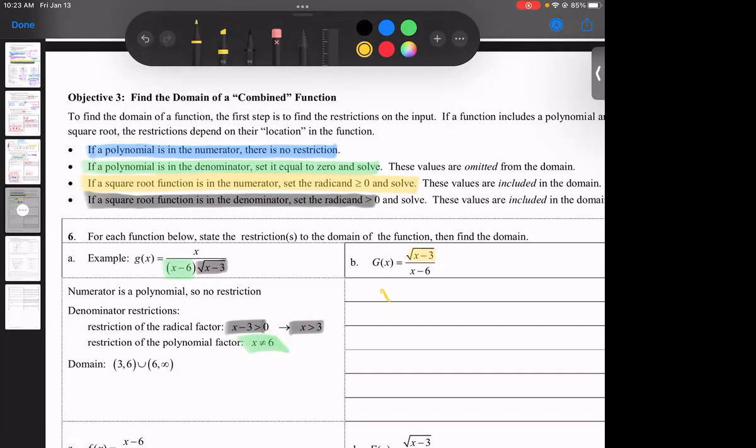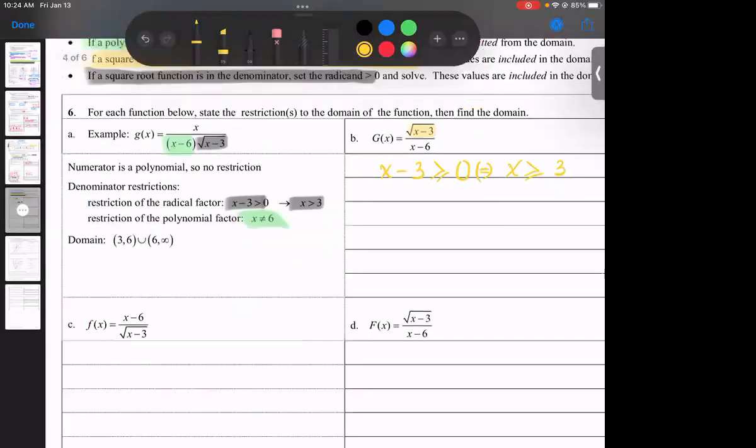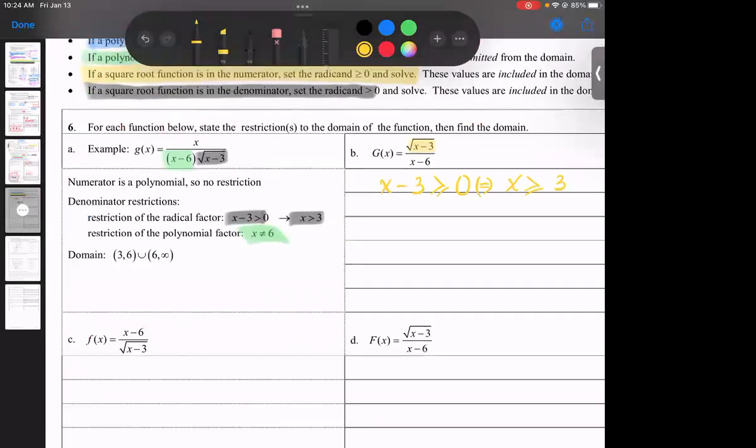So I have to set x minus 3 greater than or equal to 0. Can you solve for x? Yeah, it's easy to solve an inequality if your function is linear, right? If it's quadratic, then you have to do the long thing. Yay, done. What about x minus 6 in the bottom?